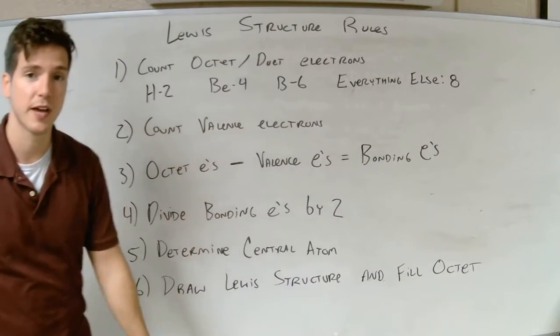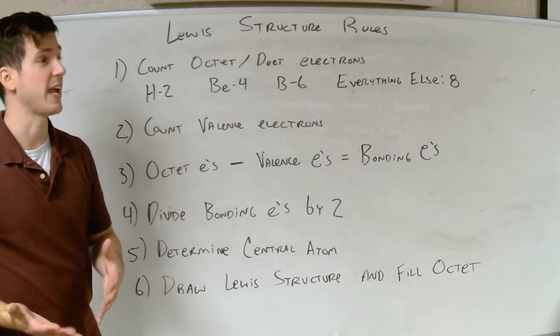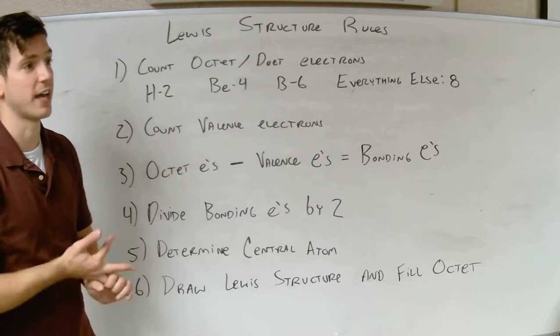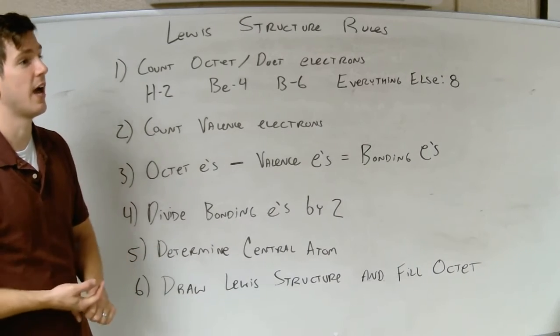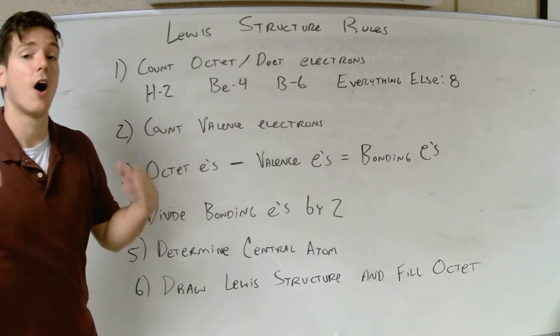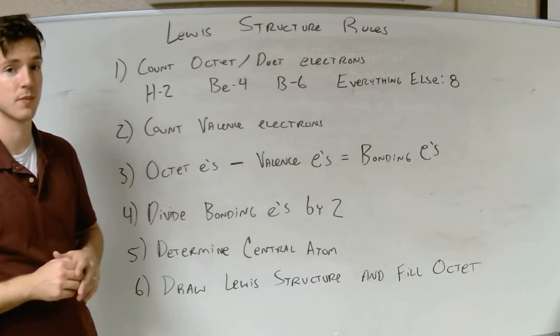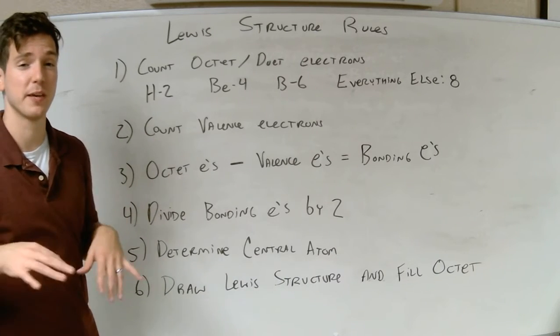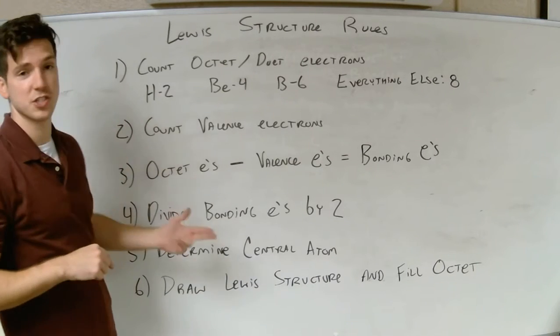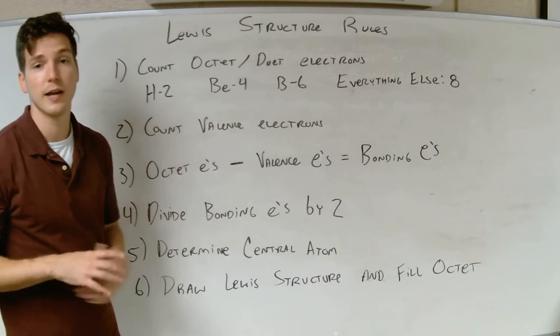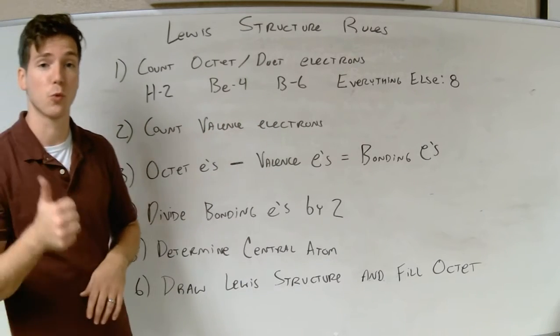Everything else on the periodic table likes to be surrounded by 8 electrons. I'm talking carbon, nitrogen, iron, bromine, okay? All the other elements like to be surrounded by 8. So, as far as you're concerned, every element likes to have 8 outer electrons. Hydrogen's 2, beryllium's 4, boron is 6. So that's our rule 1.